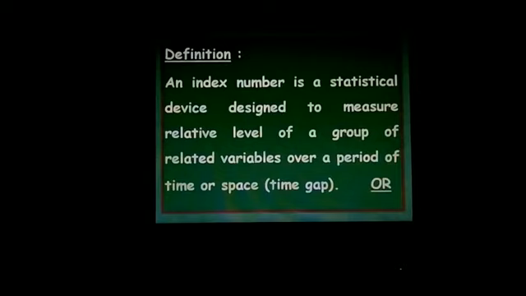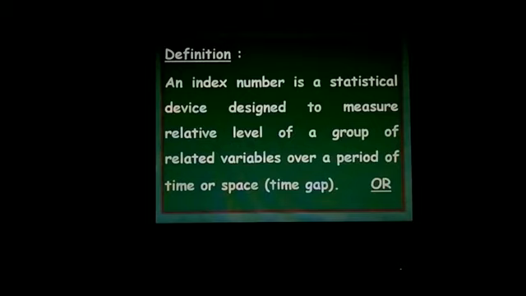Later we will come across not only the basis of price, but also quantity and expenditure or value, and we will study those concepts further in detail in the chapter. Now we can concentrate on understanding the definition thoroughly.